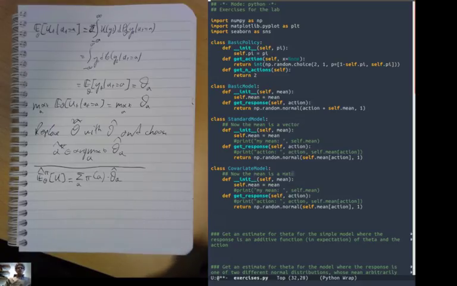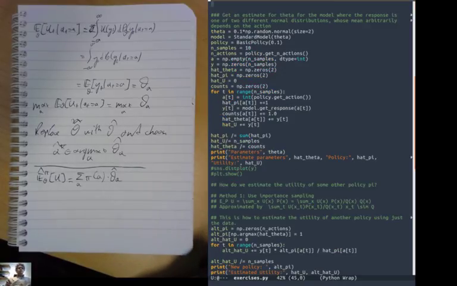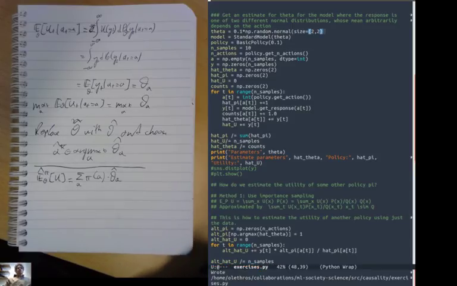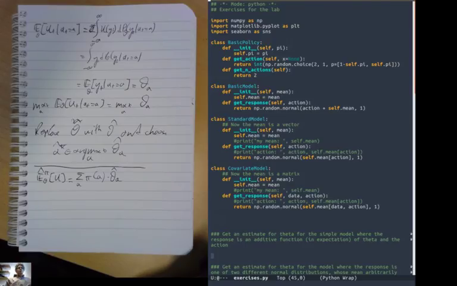Now the mean is a matrix, and we have a covariate, let's say x and action, and another distribution here. And then this can be 2 by 2, I guess. And this would be the covariate model.